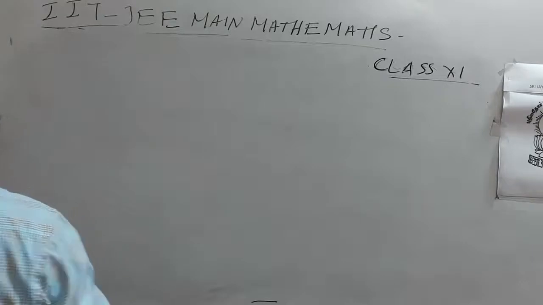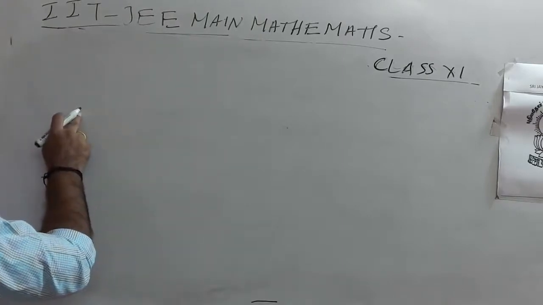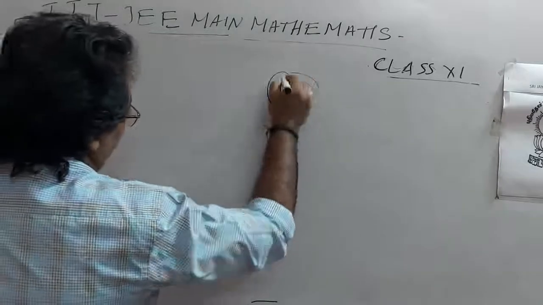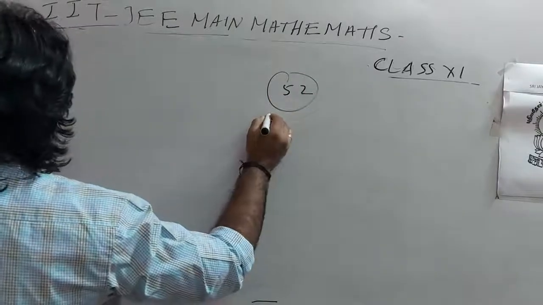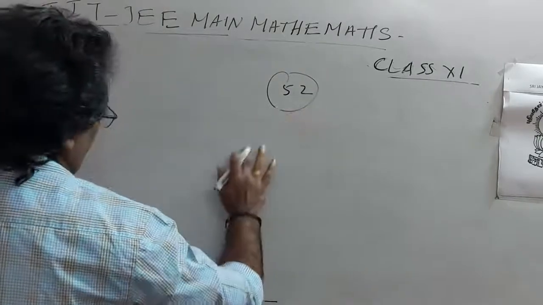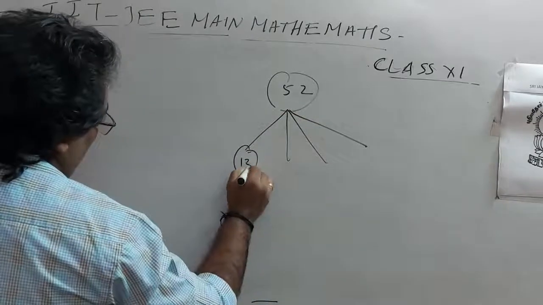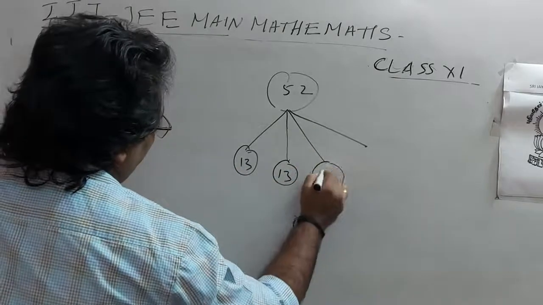Totally here we have 52 cards. So the total number is 52 cards, 13 cards each.